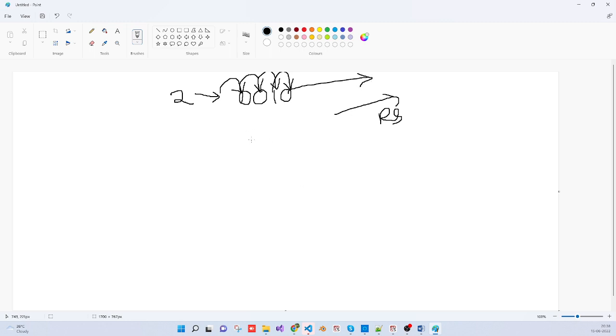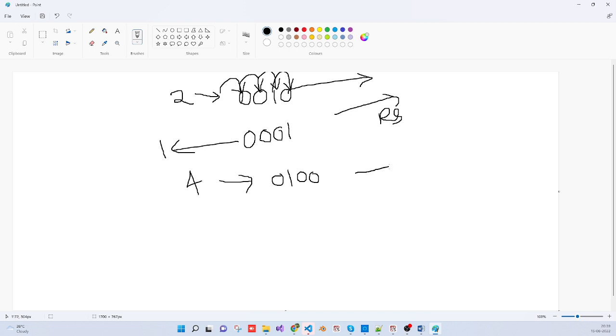Now the final output is 0001. That is the decimal number 1 for this one. Now I take one more number, 4, whose binary is 0100.